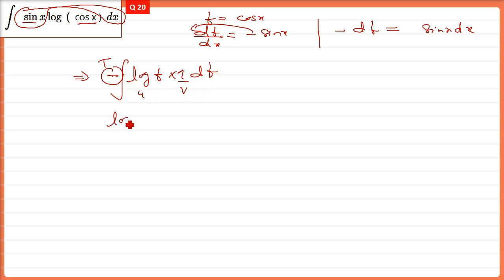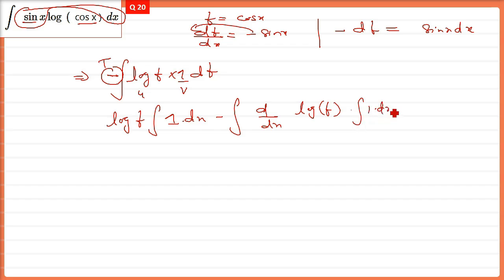So log t has to be always taken as the first function, because integration of log t will again stop us from proceeding. So integration of 1 dt, and minus integration of d by dt of log t and integration of 1 dt, because 1 is what we have assumed to be the other function. Wherever I'm writing dx, it's dt only, because we assumed t equals cos x.